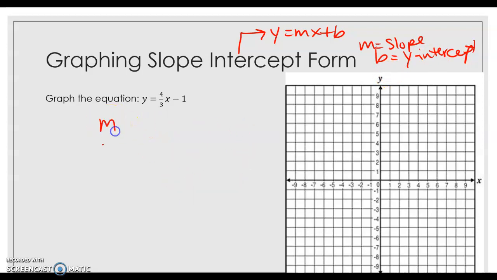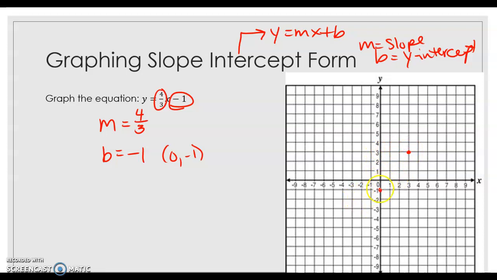I also said start with figuring out what your m and b is first. Identify it. So on this one, m is 4/3. b, take the sign with it, -1. So we're going to start at the point 0, -1. So I start at 0, I go down to the -1. That's my first point. From there, I move up 4, 1, 2, 3, 4, over 1, 2, 3. That's where my next point goes.